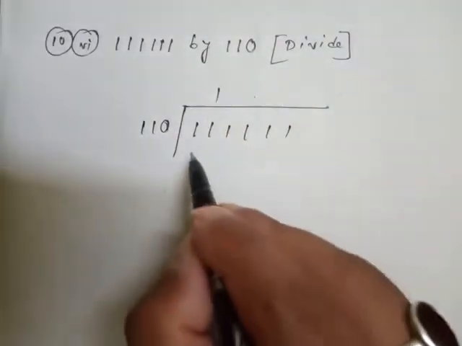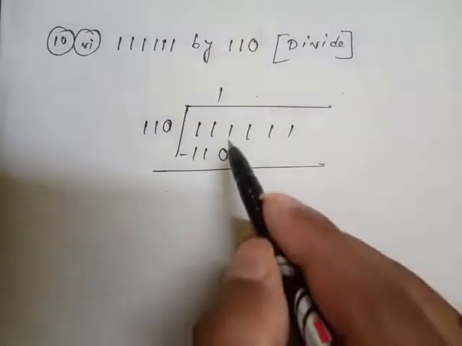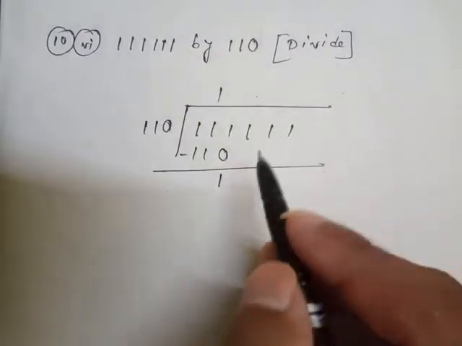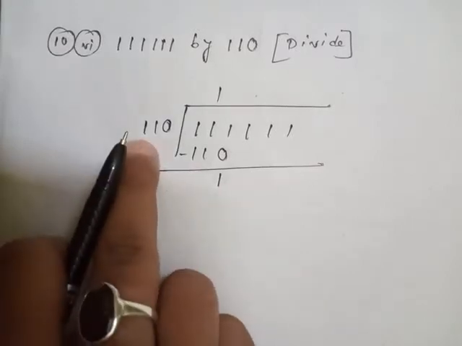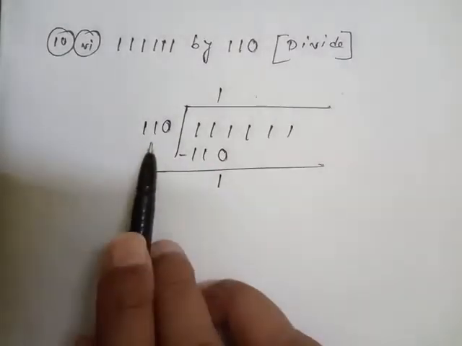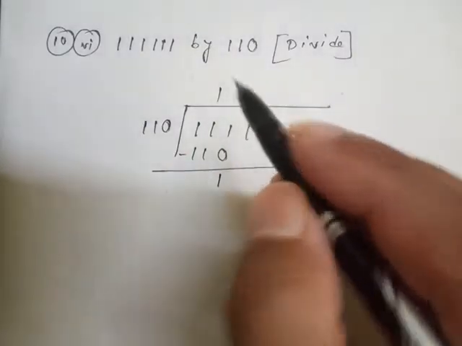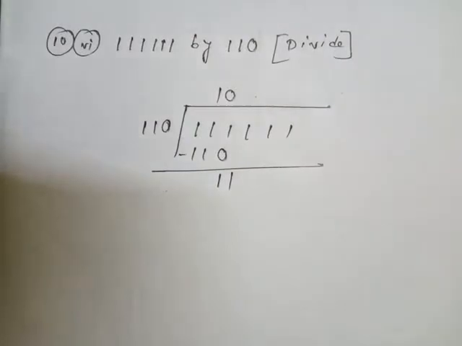So one time 110. Now next would be there is 1, and after that 1 cannot be divisible by this, which means clearly it is seen that 110, this value, is bigger than this. So obviously I will put here 10, then 1 will come down here, 11.